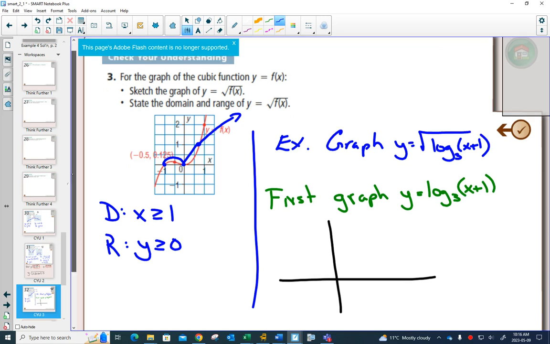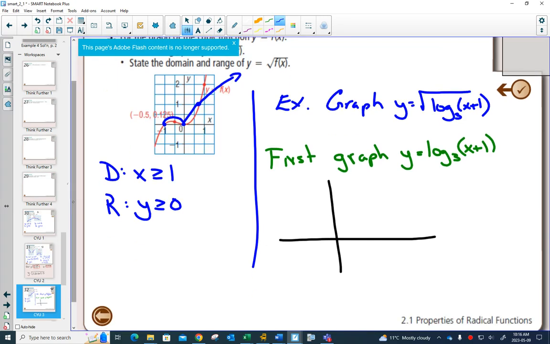So graphing the inside in green, what does this look like? This is a log graph that's been moved 1 to the left. So what does that mean for me? Well, log graphs have an asymptote at x equals 0. This one would have an asymptote at x equals negative 1. My original log base 3 graph, right? You would have the points 1, 0 and 3, 1.